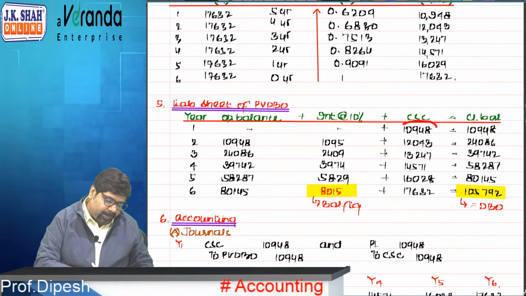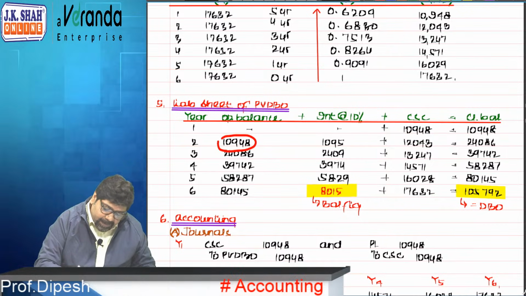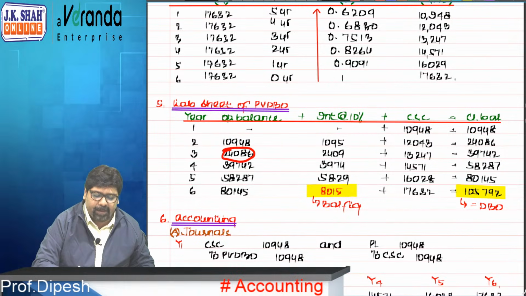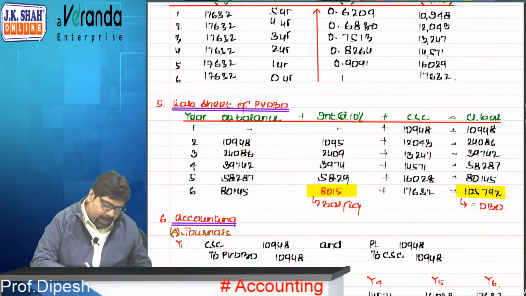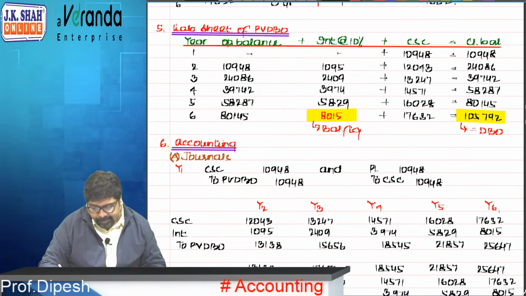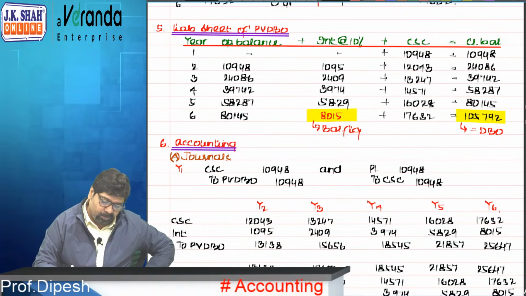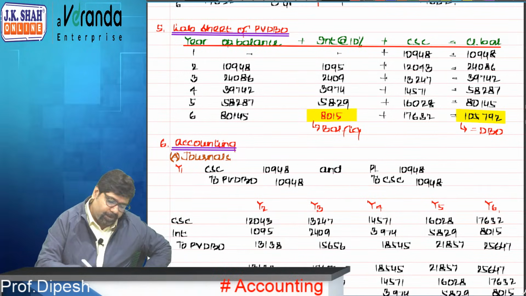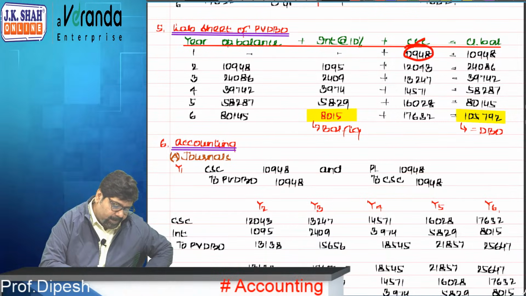This is the liability sheet. First year I save this much. This is my closing balance. On this I will get interest. Again I will save, closing balance. This closing balance will become next year opening balance. On this I will get interest. Again I will save. Like that I will keep on doing. Correct? Yes sir. Understood? First year mein CSC, closing balance.